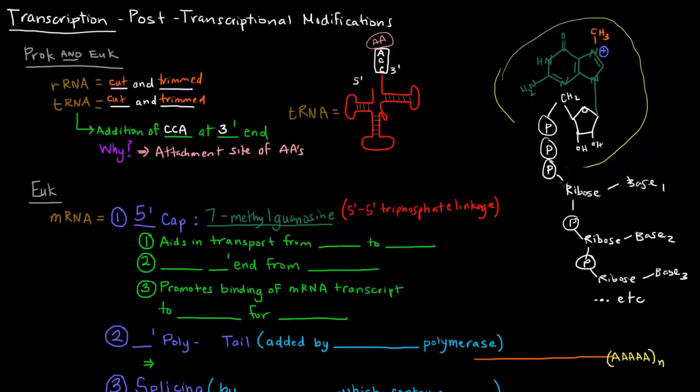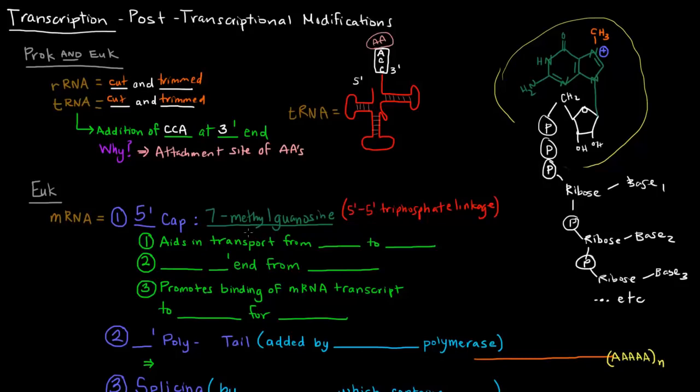And it's attached to the mRNA strand via a 5' to 5' triphosphate linkage. So this ribose's phosphate groups, on this guanosine, is attached to this ribose with a 5' phosphate attached to this 5' phosphate. And there are 3 of these phosphates here. So that is a 5' to 5' linkage, and there are 3 phosphates.